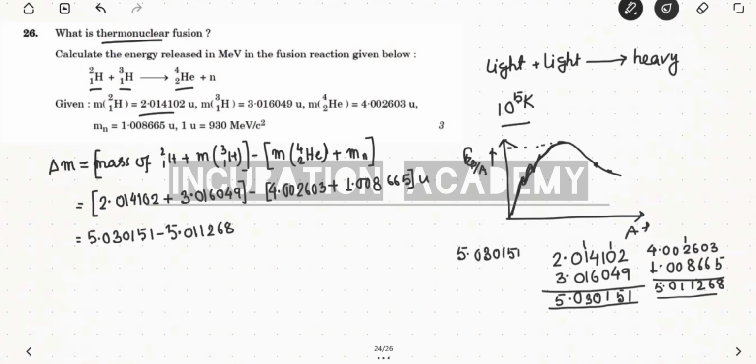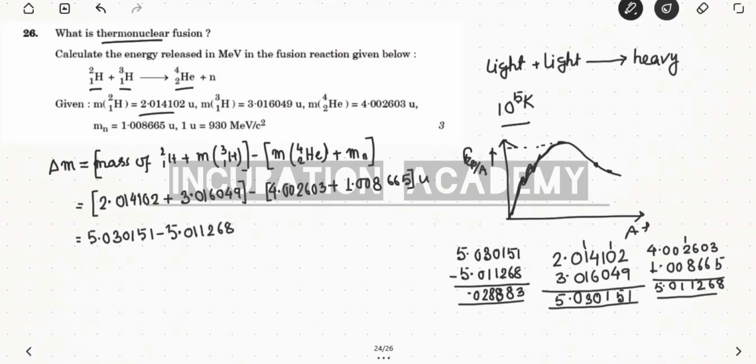If we subtract this, 5.030151 minus 5.0111268, 8, it is 3, 6 plus 1 is 7, so 7 to 15, so it is 8. Okay, 2 plus 1 is 3, 3 11, so it is 8. Again 8, 3 plus 3 minus 1 is 2.